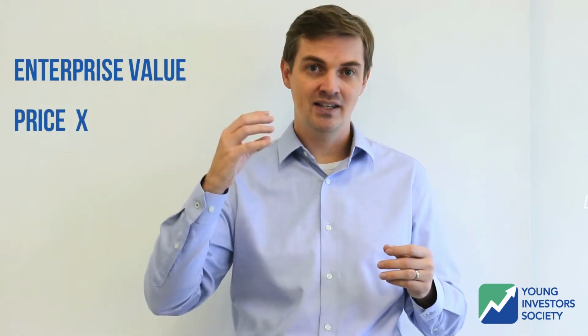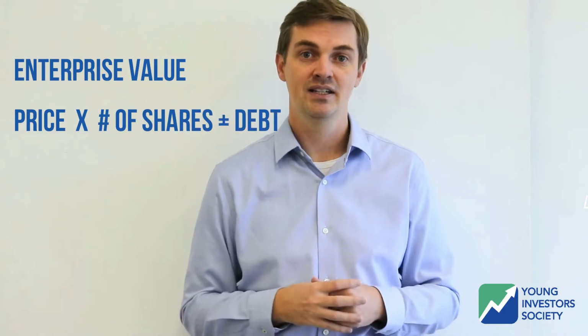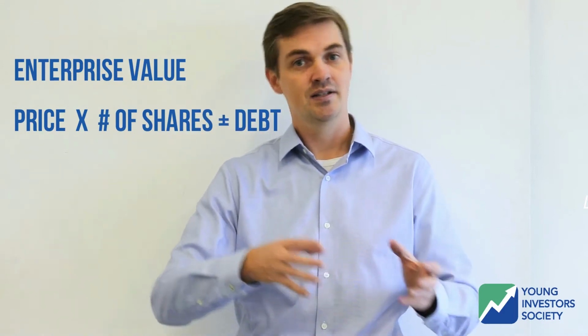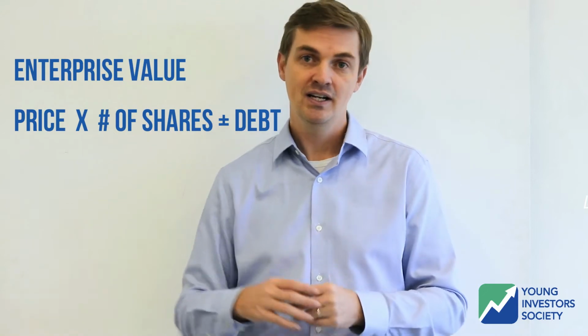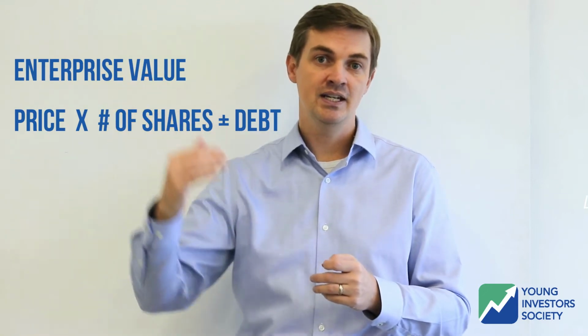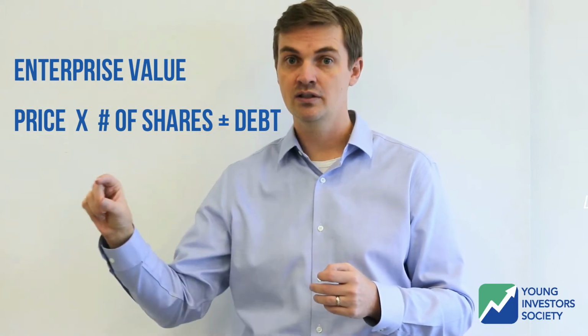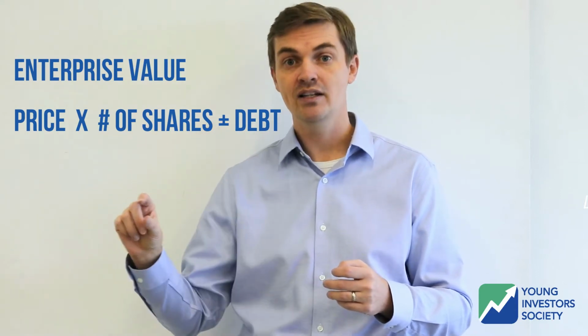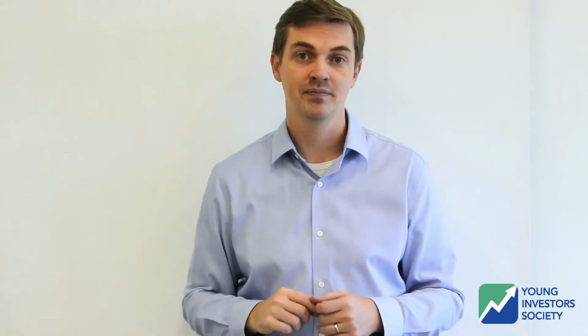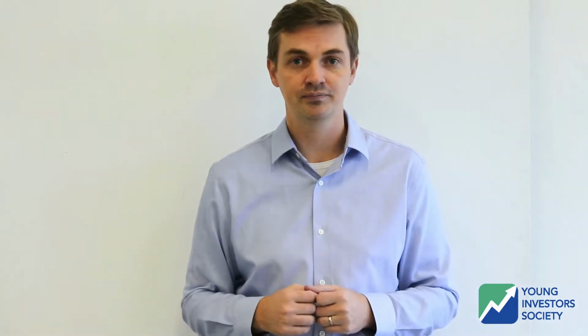The enterprise value is very similar to the market cap, but it is the market cap plus the debt of the company. So shares times price per share, with the addition of the total debt of the company, short-term debt, long-term debt, subtracted by the cash of that company. So the net debt is what we call it.